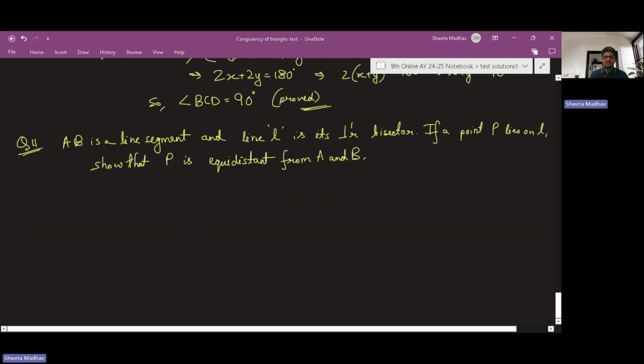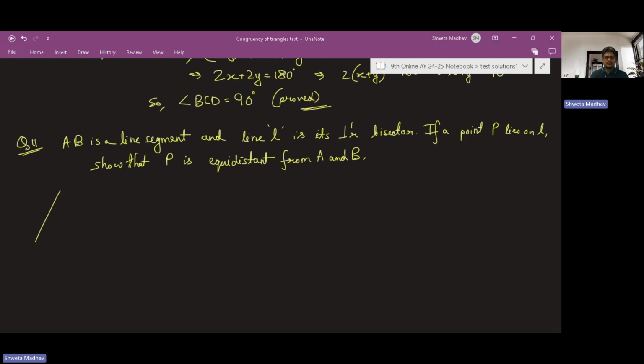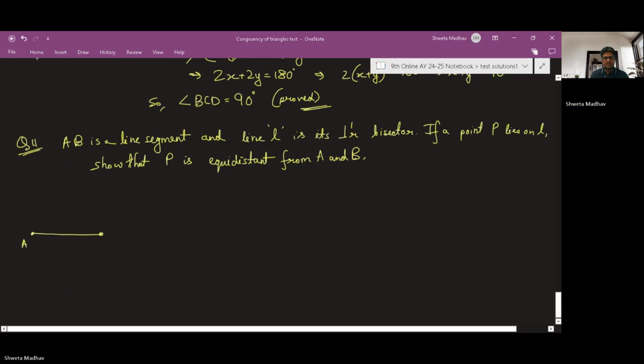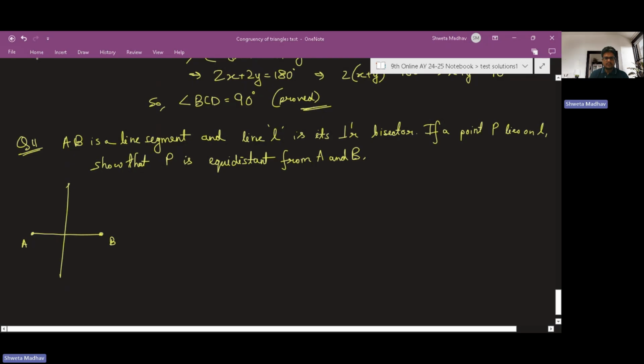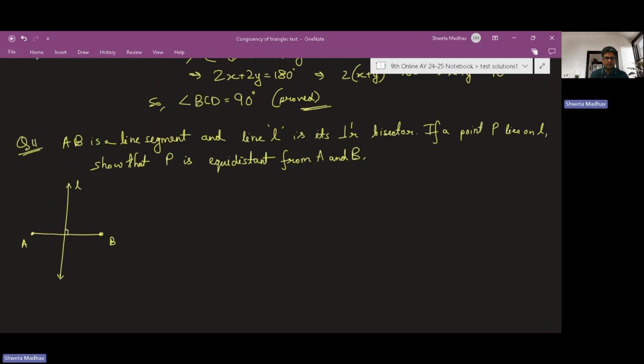So here the diagram can be somewhat like this. It is told that AB is a line segment and line L is the perpendicular bisector of it, which means this is line L. It is perpendicular to AB and it divides AB into two equal halves.